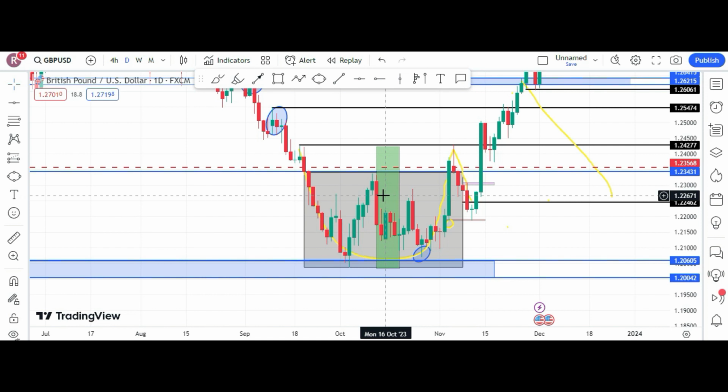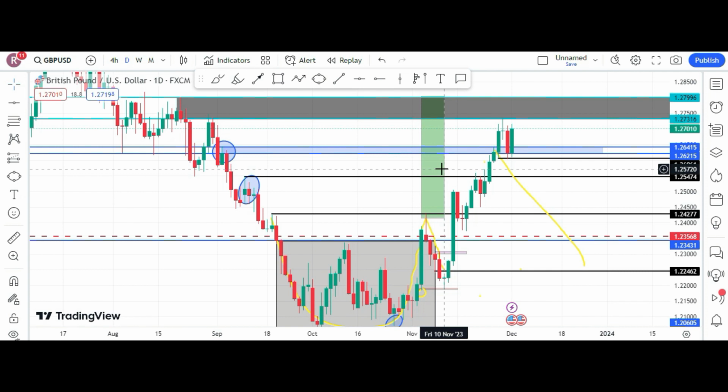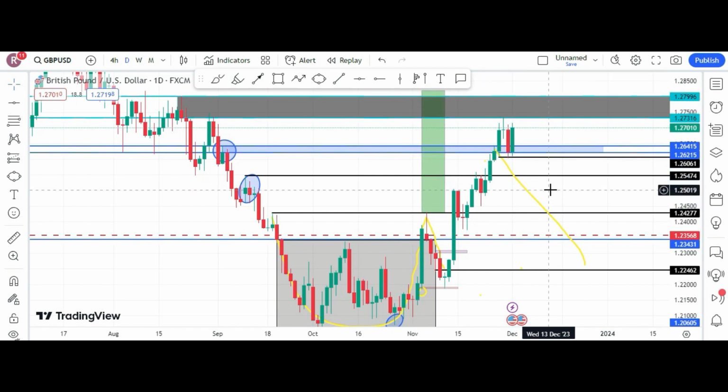This was the depth of the cup, and we expected that it will at least move to the same, and if it reaches 75%, it will slow down and something may happen.